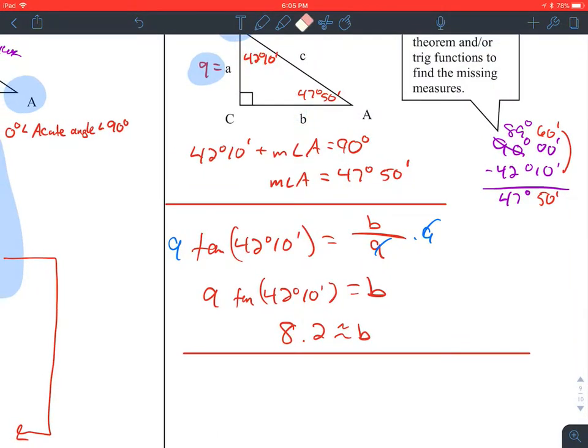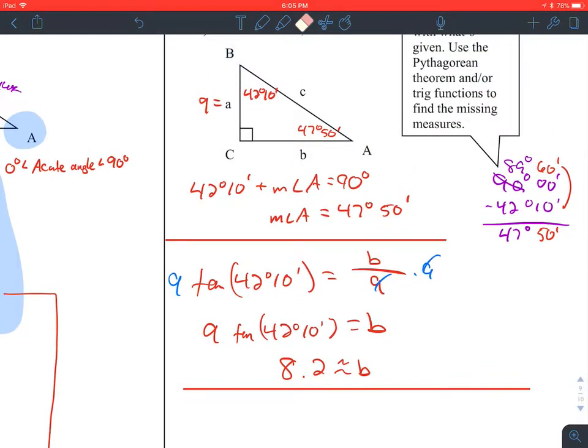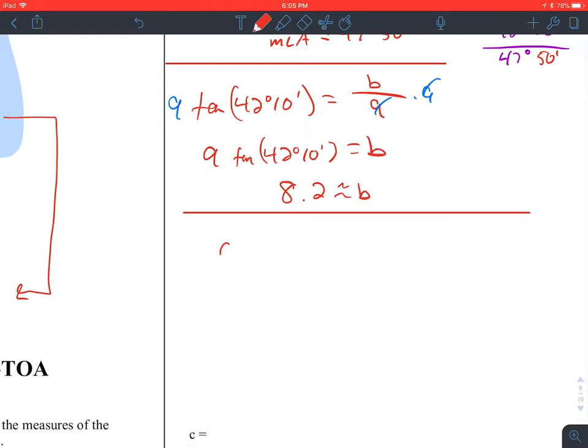We do not want to use rounded numbers to find answers unless we have to. We don't have to. To find c, we're going to use angle B, the adjacent leg, and the hypotenuse. That's cosine. So we're going to have cosine 42 degrees, 10 minutes equals the adjacent leg of 9 over the hypotenuse of c.